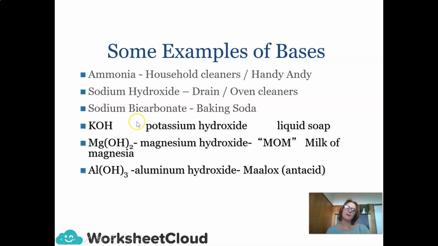I put in some chemical formulas because you're going to start learning about these next year in grade 8. Potassium hydroxide, and you will understand these chemical formulas once we start the periodic table in the next few days. Okay, that is a liquid soap. Magnesium hydroxide, which is known as MOM, milk of magnesia, and aluminium hydroxide, which is also an antacid.